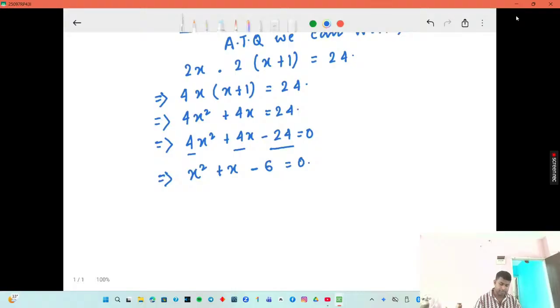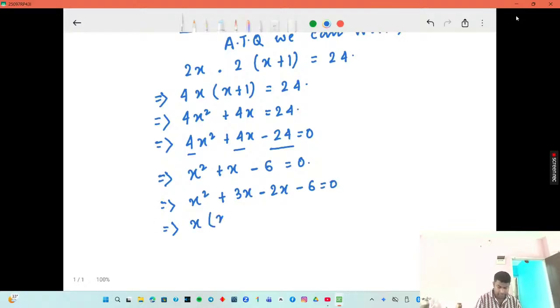Is it clear? So now, x squared plus 3x minus 2x minus 6 is equal to 0.